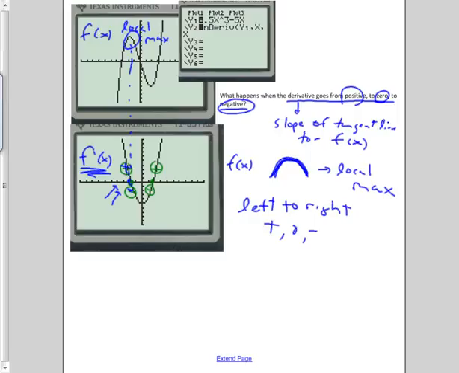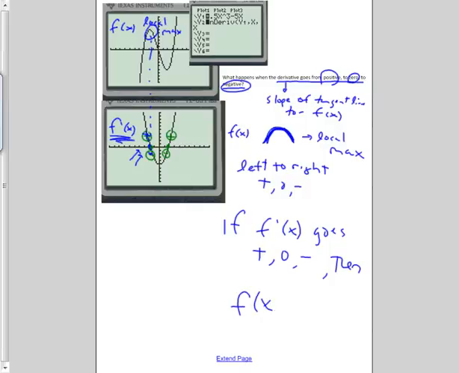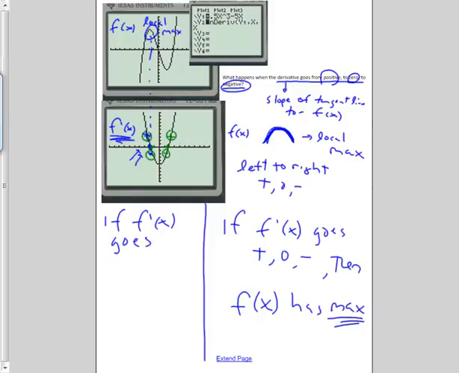So, putting that in words, if the derivative function goes from positive to 0 to negative, then f of x has a max. And I think we could make the alternative statement, which is if f prime of x goes negative to 0 to positive, and that's happening right here.